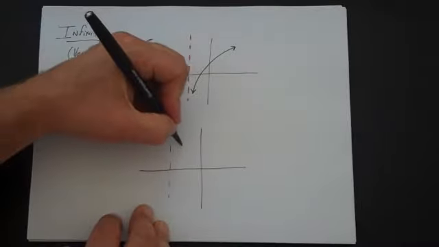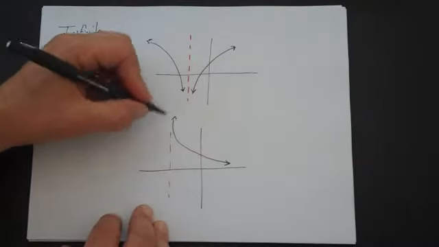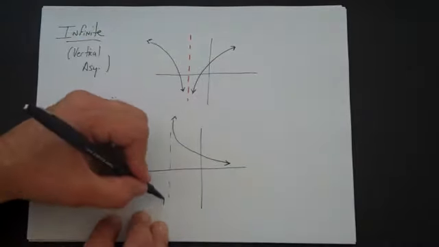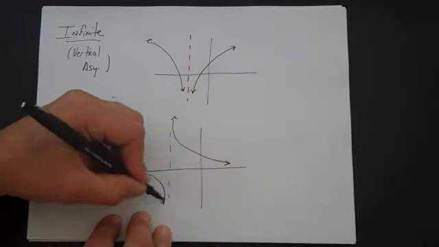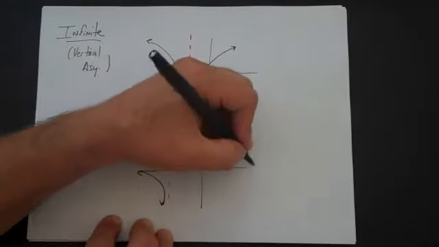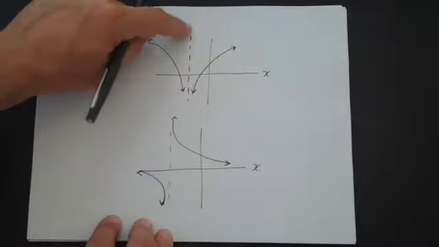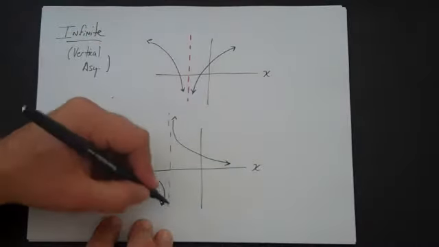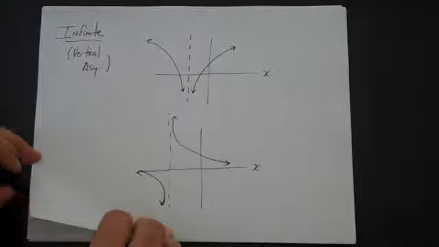It could look like this, and then it could look like this. The key is that for some value of x, there's a vertical asymptote. That's the key.